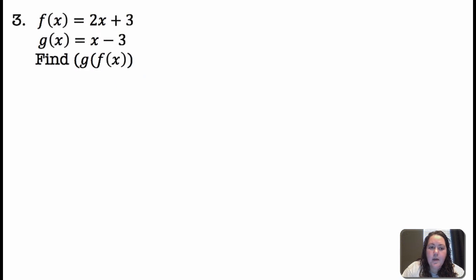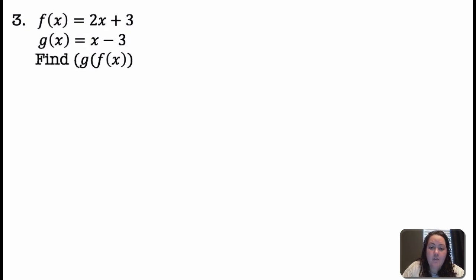f of x equals 2x plus 3, and g of x equals x minus 3. Find g of f of x. Notice this was written a little differently, but it's the same thing. This could be g with that little circle and then f, so g of f of x, or it could be written this way.